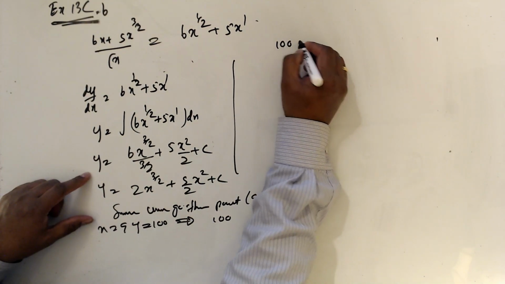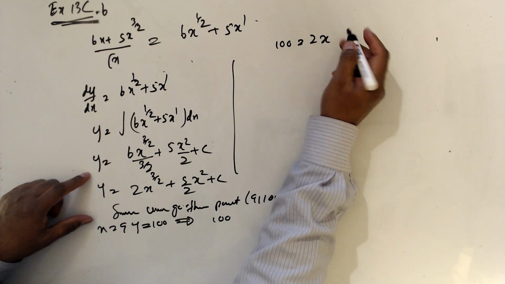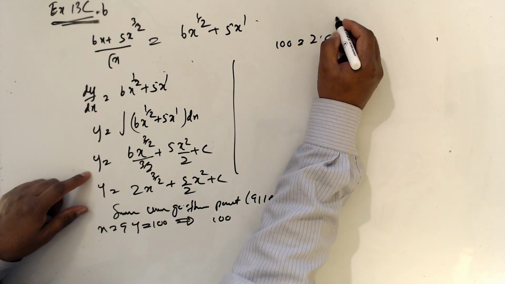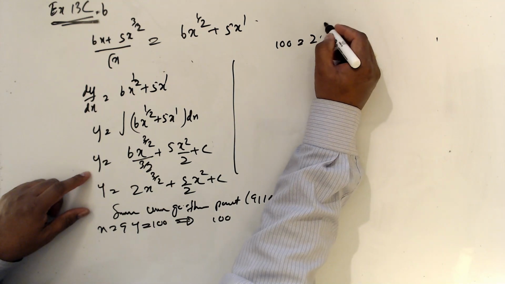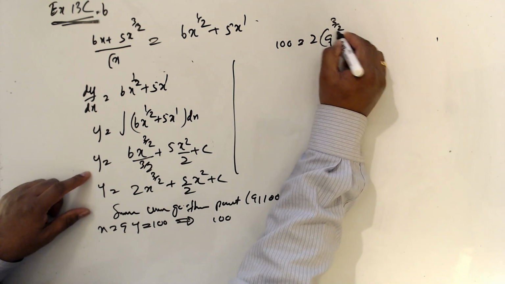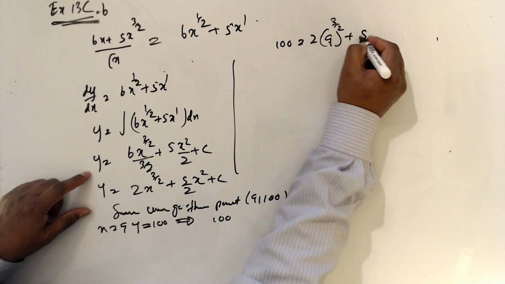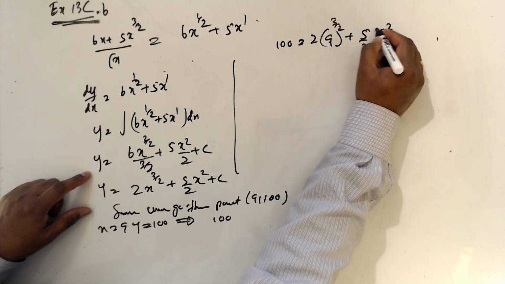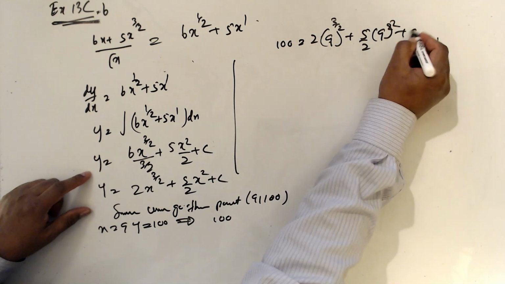So 100 equals 4 to the power, x value is 9, 9 to the 3 over 2 plus 5 over 2, 9 square plus c.